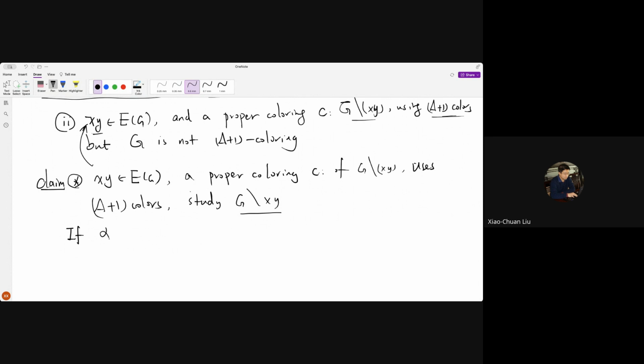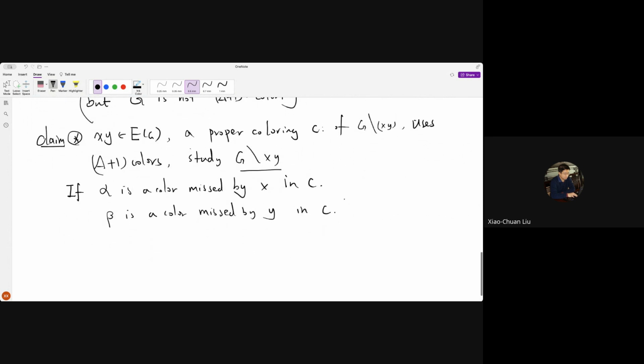So if alpha is a color missed by X in the coloring C, and beta is a color missed by Y in the coloring C.